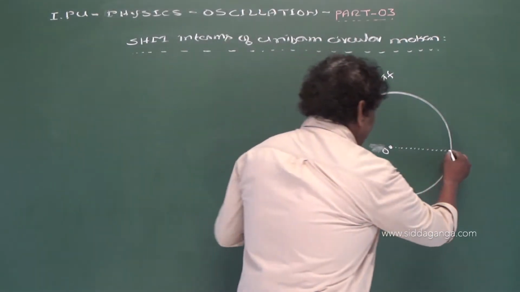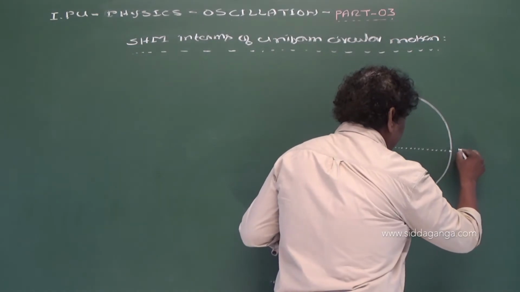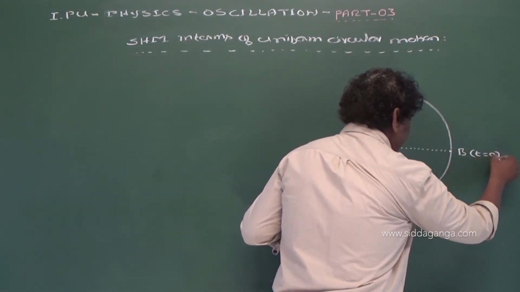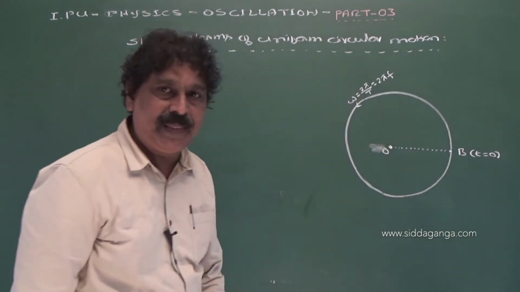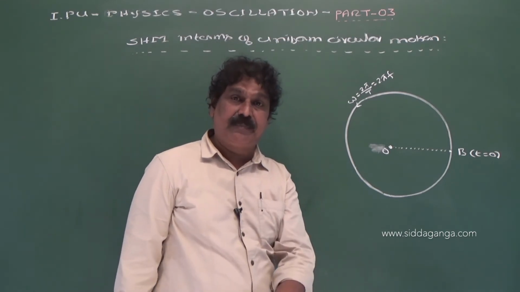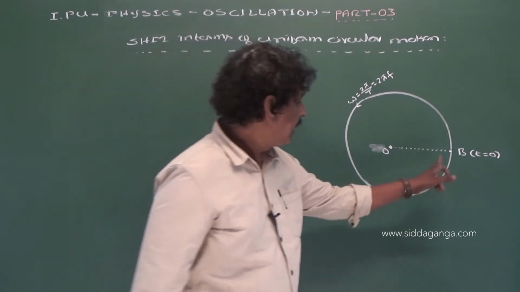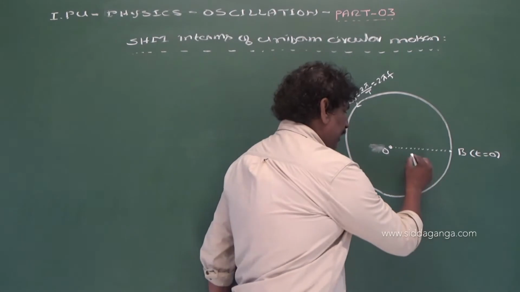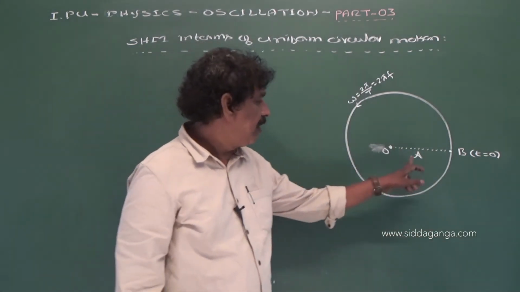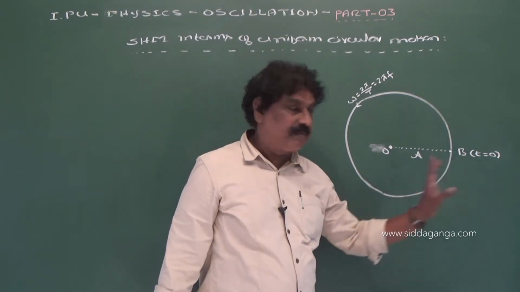Now at any instant of time, let B be the position of the particle. I have taken particle P, but B is not representing the particle, B is actually representing the position of the particle, that is at P. Let us write a be the radius of the circular path.